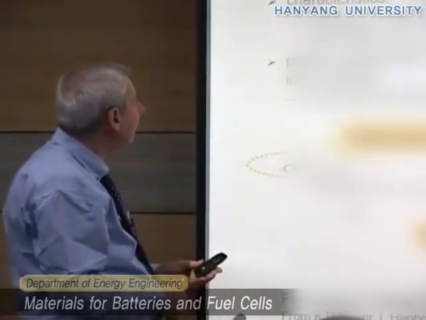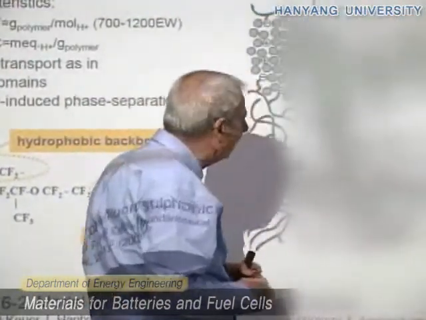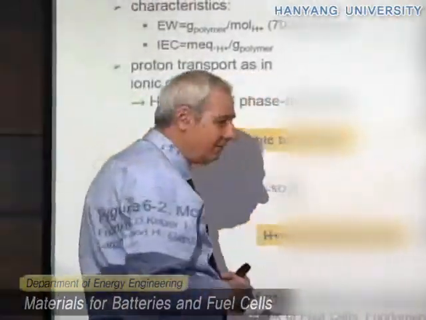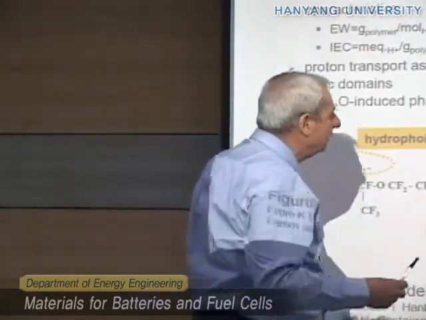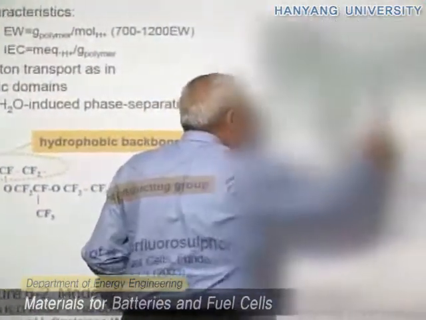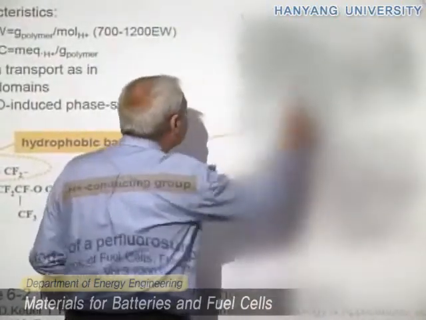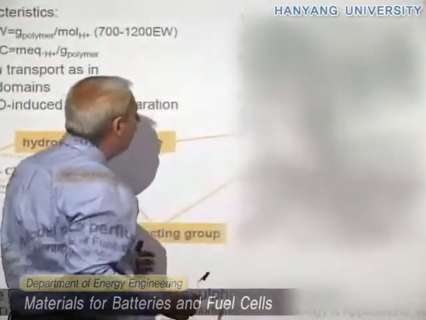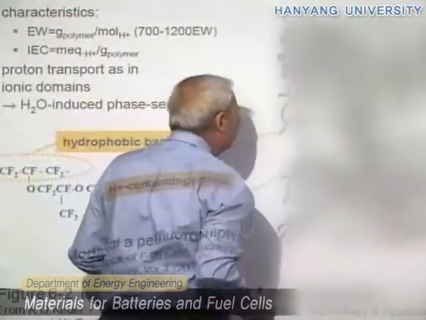Okay, here you have a little bit more detailed model, better than what I made on the board. You see that this is the main chain, and these are the groups, sulfonic groups, and you see that there are some protons here that can move by this water.